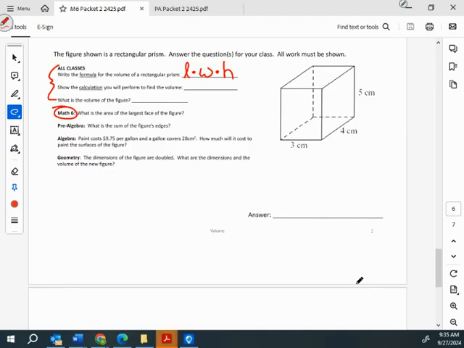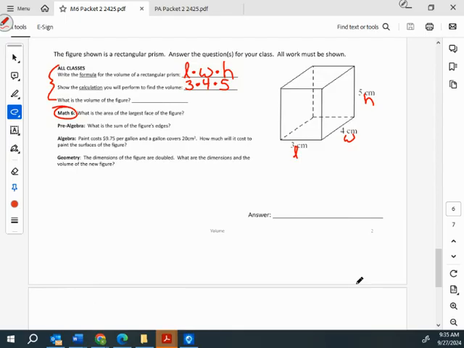Now, last packet, it was a cube, so they were all the same number. It's not so easy this time. It's a rectangular prism, so they're different sizes. So we have our length times our width times the height. The calculation we're going to perform is we're going to put those numbers in for the letters. So my length is 3 times my width of 4 times my height of 5.